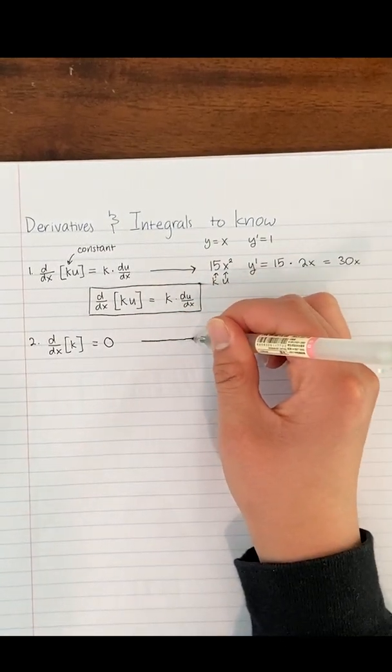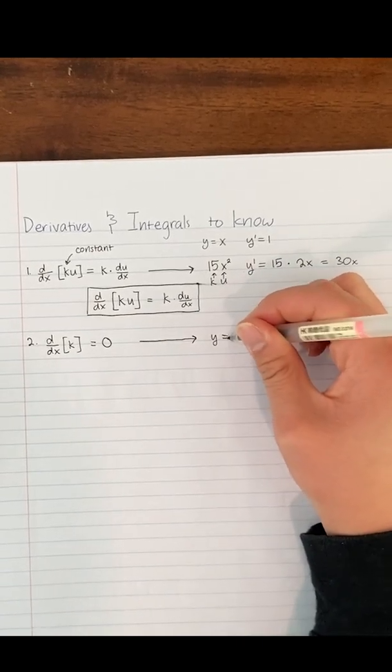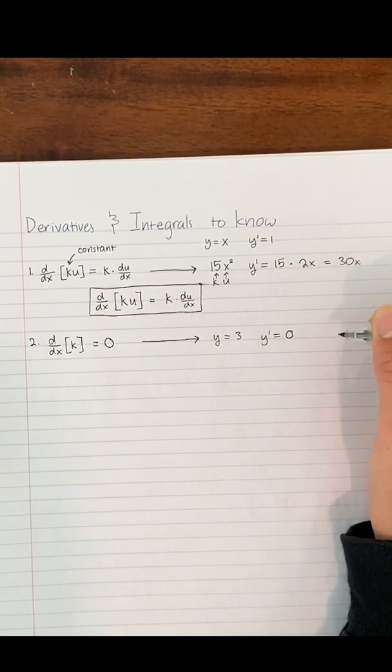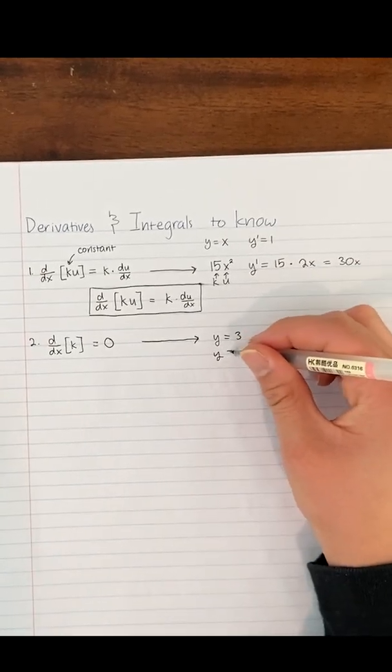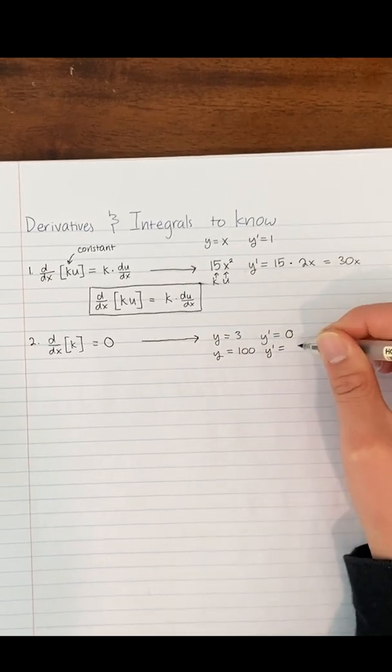Remember, constants are all real numbers. So if y equals 3, the derivative of 3 is 0. If y equals 100, the derivative of 100 is 0.